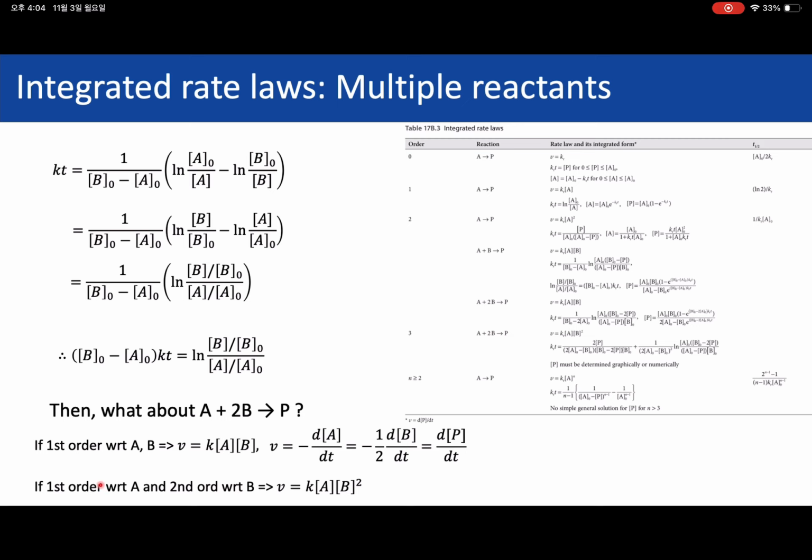If the reaction is first order with respect to A but second order with respect to B, the only difference is that you have a different expression in the rate law. Now you have the power of 2 here.